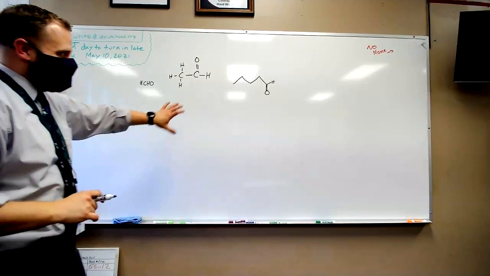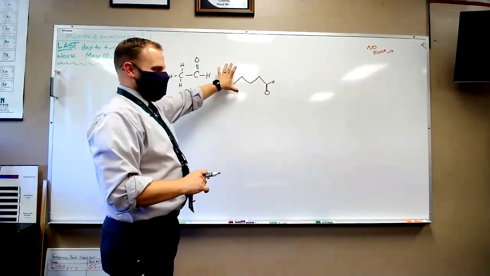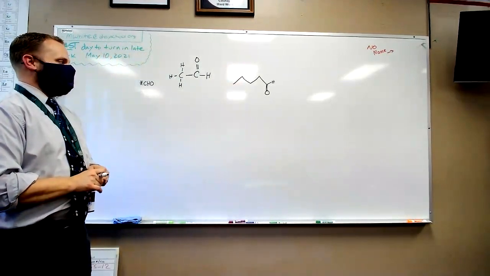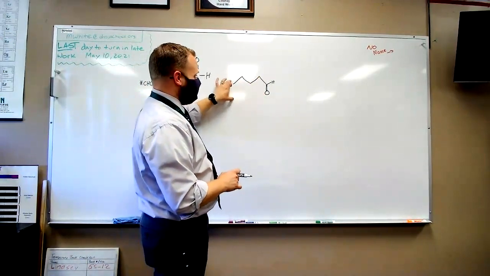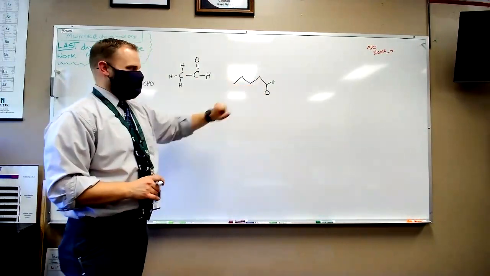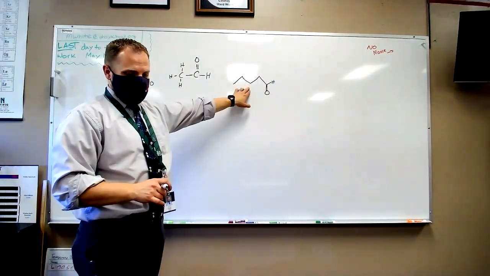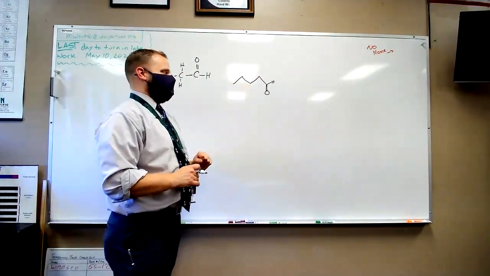But remember, anytime we're doing these, if you can put a hydrogen anywhere, you do. Anyway, that carbonyl group has to be on this side or this side. If we put it here, it's not an aldehyde. Now we can put it there, and in fact, we're going to talk about that next, but it's not an aldehyde.